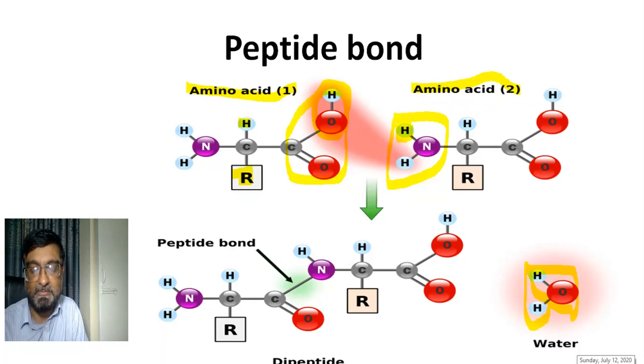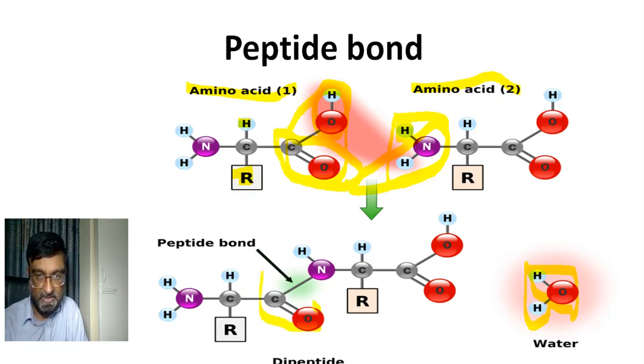Because this is a combination of two amino acids. When OH and H are released, what remained is CO from the first amino acid and NH from the second amino acid that join together.